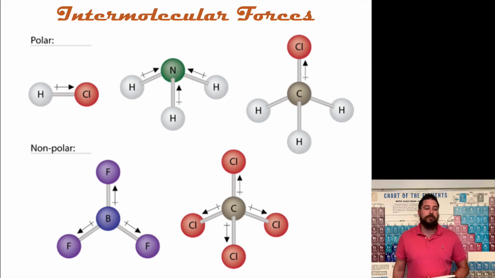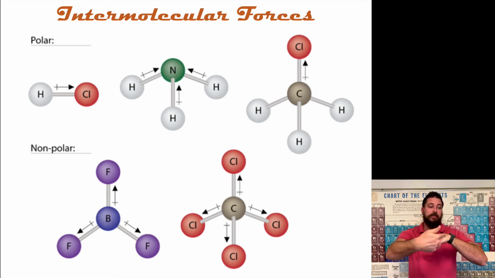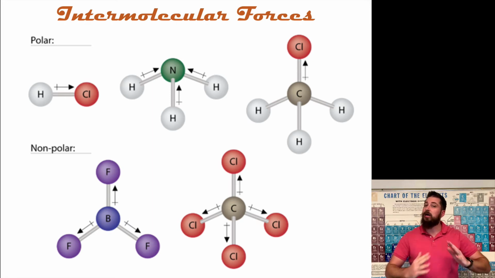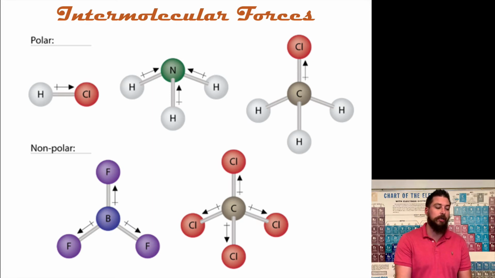Here's 3 examples of polar molecules and then 2 examples of non-polar molecules. And you can see the BF3, the dipoles kind of all go in a direction where they do cancel each other out. You'll see that the NH3, they don't do that because the nitrogen has lone pairs that push the bonds down, and so instead of the bonds all going in on each other like this, they're actually kind of going upwards, and so they do have a common direction in which the dipoles are going.